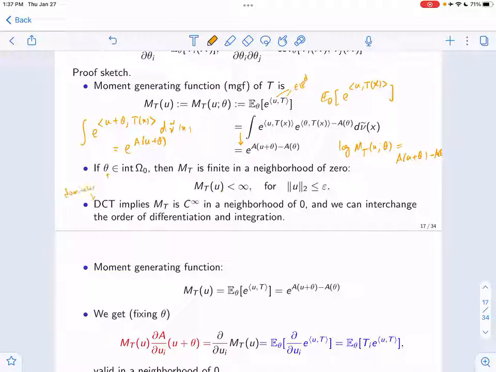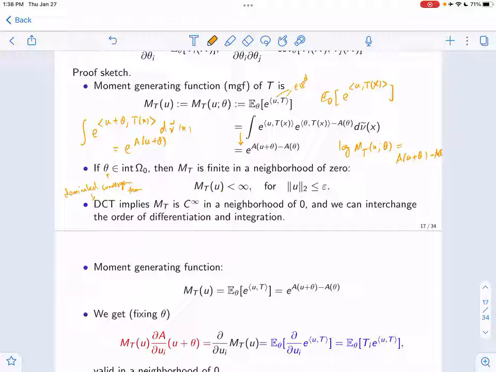Dominated convergence is basically the building block of these interchanges of expectation and differentiation, or limits and expectations.